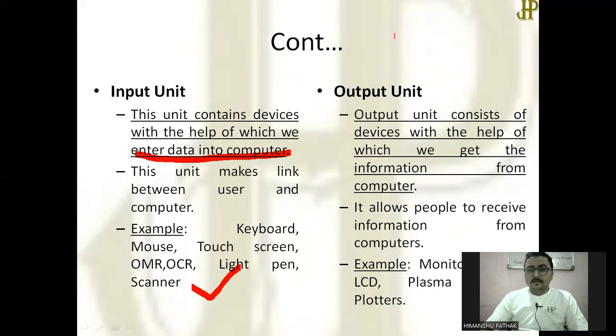The same thing for output unit. It consists of those devices which is used to get the information from the computer and shown to the user. That can be a monitor, LCD, plotters, and others.